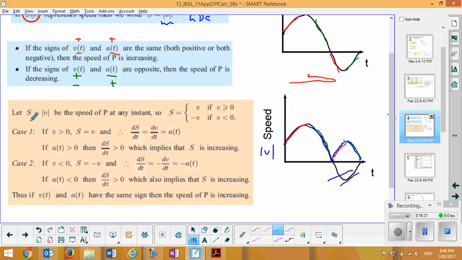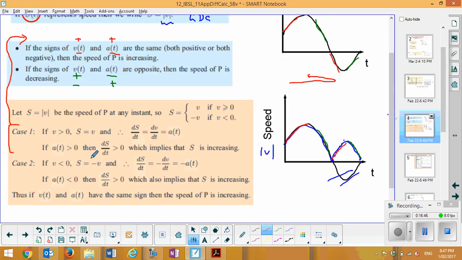So all of that is just talking about that first scenario where we've got positive velocity, positive acceleration.